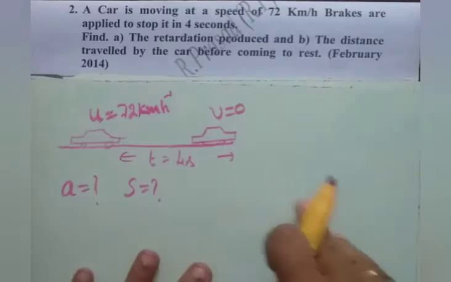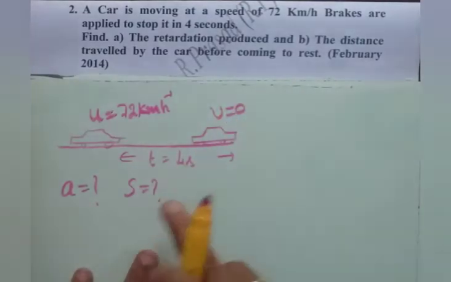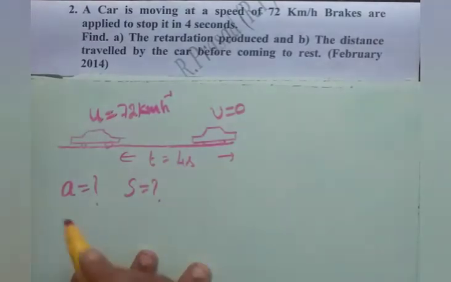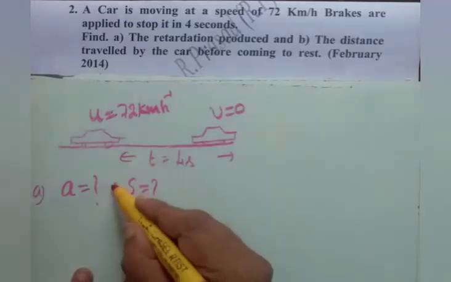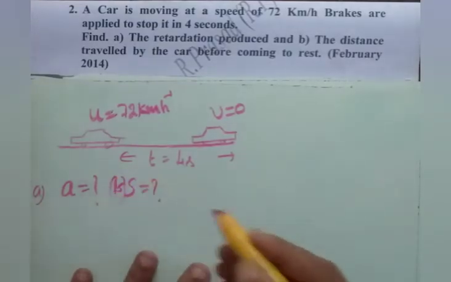Observe, we have written the symbols along with the data, and we have also written what to find. First question A tells us we are supposed to find the retardation. Retardation means negative acceleration. B, the distance traveled by the car before coming to rest. So this is our B question.